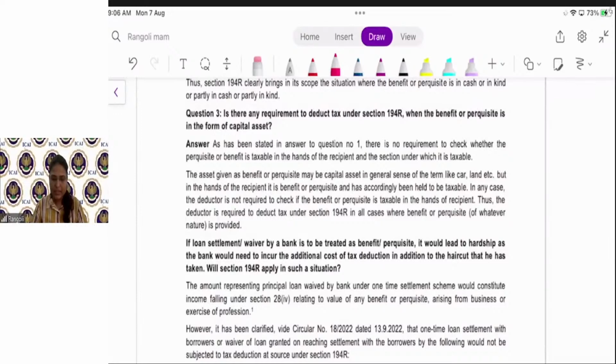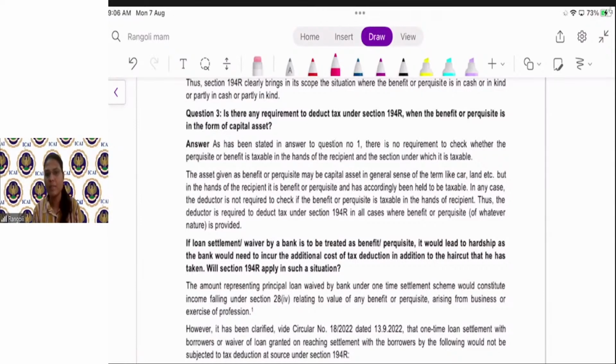Is there any requirement to deduct tax under section 194R when the benefit or perquisite is in the form of a capital asset? We have already discussed in question number 1 that you need to check whether it is a capital receipt in the hand of the customer or not.